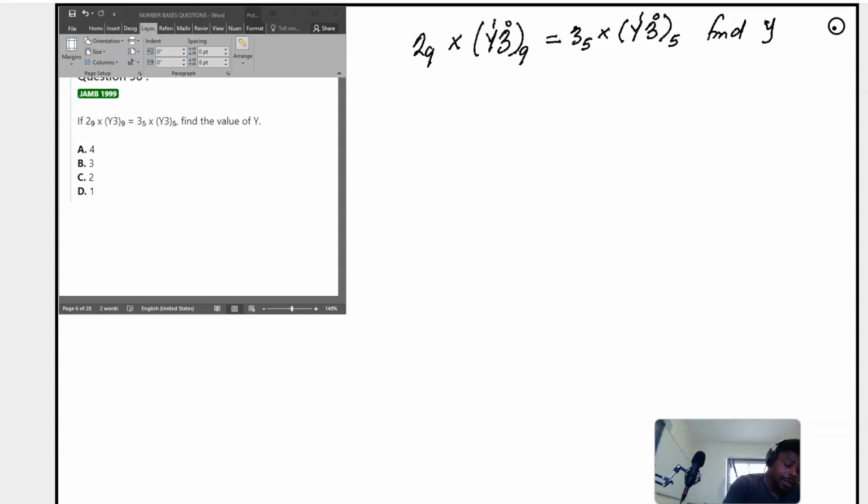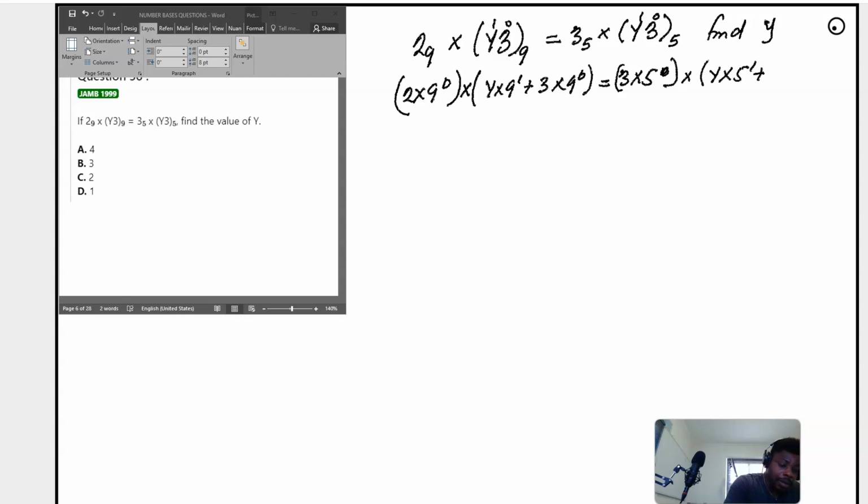Convert everything to base 10. 2 times 9 raised by 1 plus y times 9 raised by 0... this is y times 9 raised by 1 plus 3 times 9 raised by 0. This is 3 times 5 raised by 0. Okay? Then y times 5 raised by 1 plus 3 times 5 raised by 0.